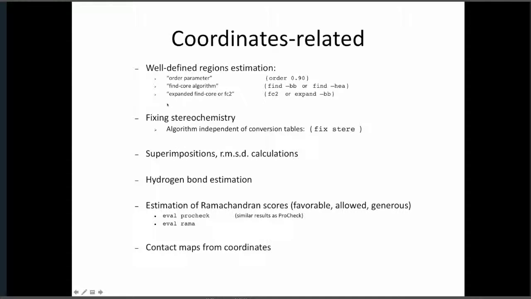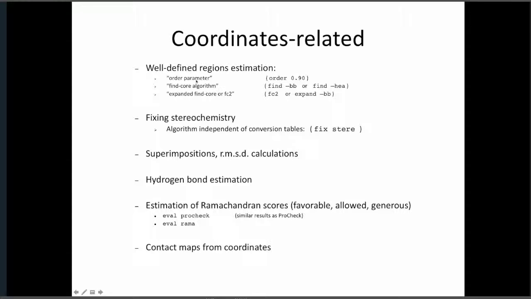They determine or find the well-defined regions estimation for an ensemble of models. I mean, usually one gets 20, 10, 100 models out of a structure determination program. So these commands will provide you with a range of well-defined regions estimation to do the best superimposition for the atoms.